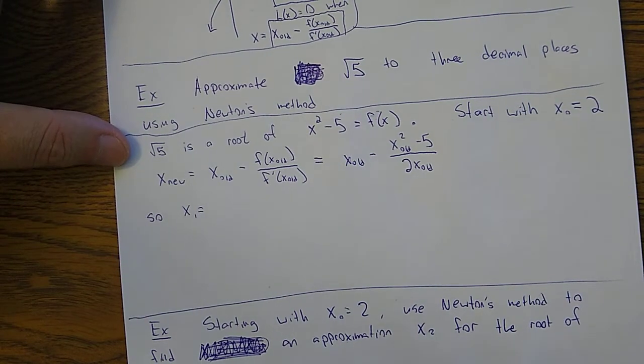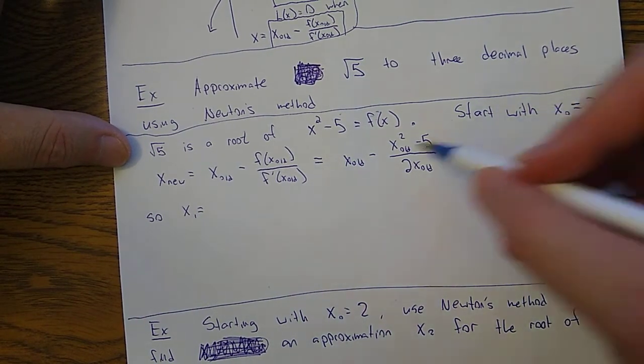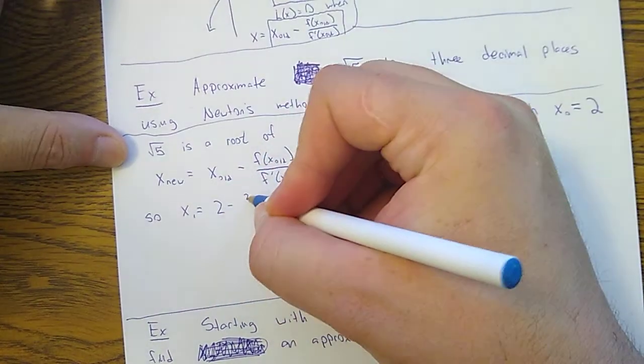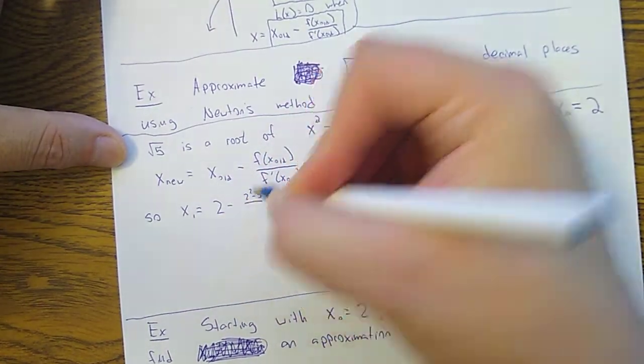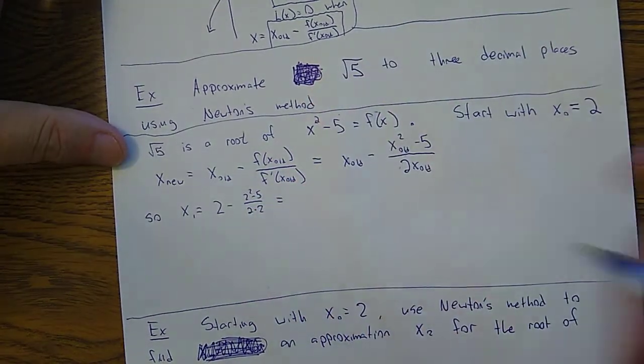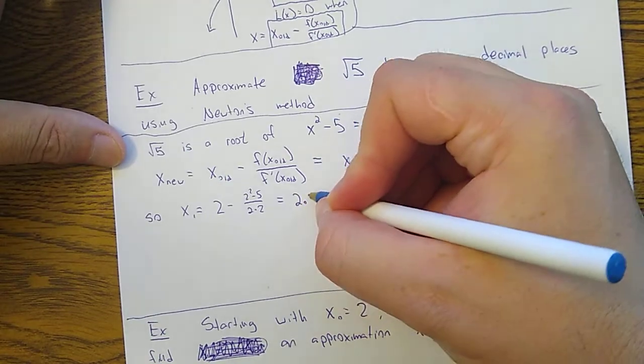x sub 1 would be, I just plug in 2 for x sub old, so it would be 2 minus 2 squared minus 5 over 2 times 2. And when I do that, I get 2.25.